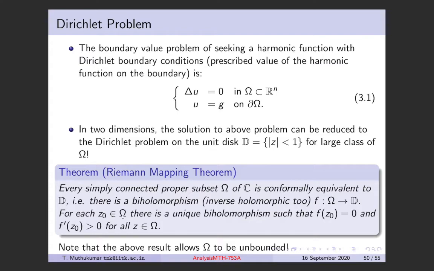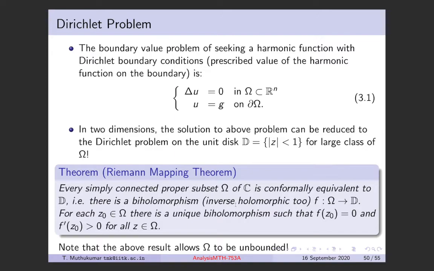And here you see the unit disk is bounded, whereas we don't have any such assumption on omega. Omega could be an unbounded set. It's only a proper subset, but it could be an unbounded subset. But that unbounded subset is conformally equivalent to the bounded unit disk.